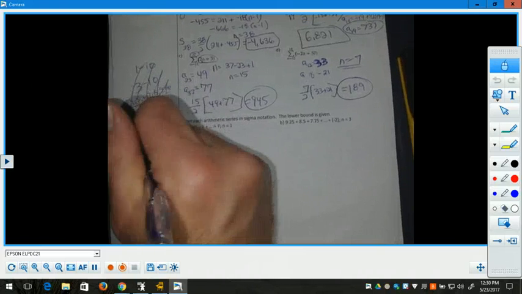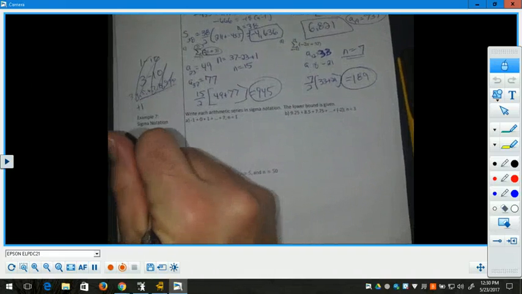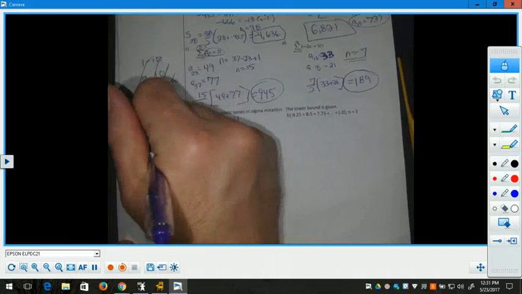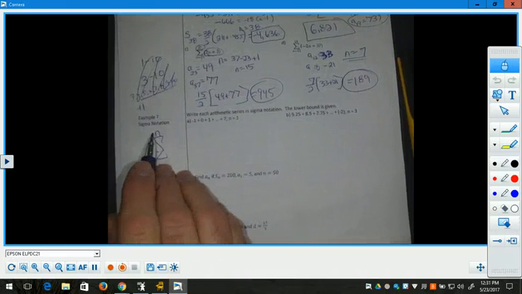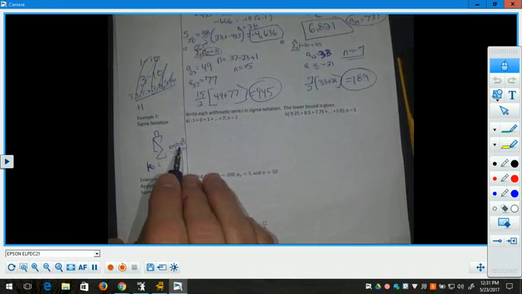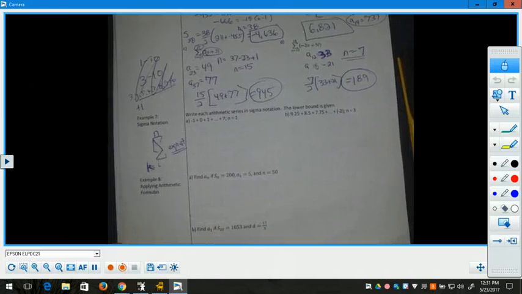So a couple things we need when we do this. Whoops, I drew the sigma wrong. We need the initial position for the bottom. They actually say K. And then we need N being the final position at top. And we need an explicit, not a recursive, but an explicit rule here that I could take each position and plug it in to get the output.